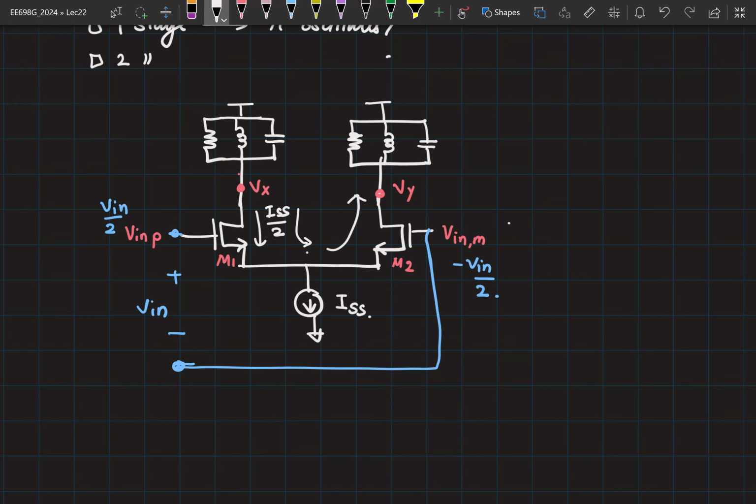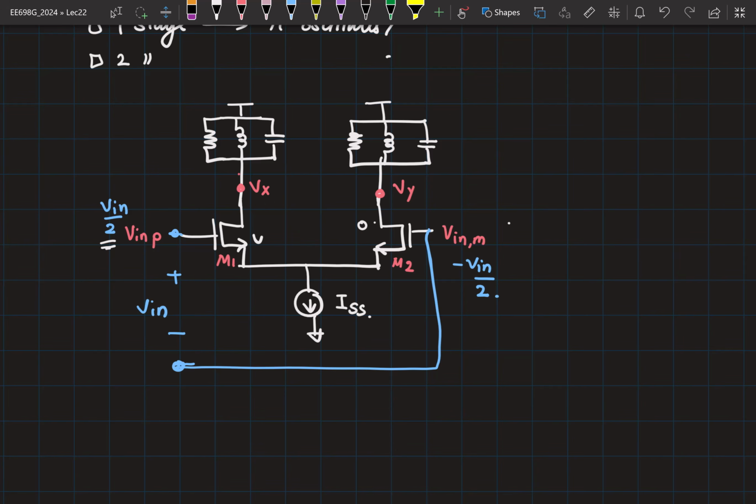Now if your GM is large enough, then you will be able to completely switch this ISS to one of the branches at a time. Which means if your GM is large enough and you applied a positive V in by 2, and minus V in by 2 of course is a negative number, then you can have all of ISS flowing through this and zero current through this branch. You are completely switching the tail current source.